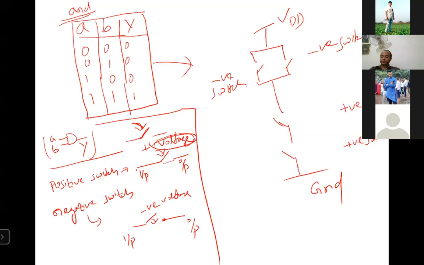Now look at the truth table. In the truth table, if both inputs are 1, my output should be 1, and if it is like the first case 0 0, or 0 1, or 1 0, at that time the output should be 0.